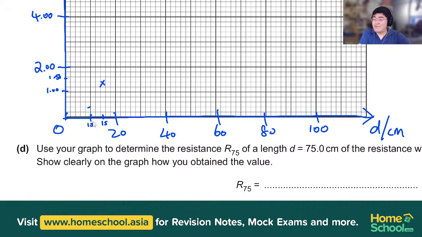So let's repeat again. We are to plot 15 and 1.25 on this graph. 15 is over here, as you can see, so we can use a ruler to draw a point up to here. And 1.25 is somewhere around here. So 1.0, 1.2, 1.4, 1.6, 1.8.